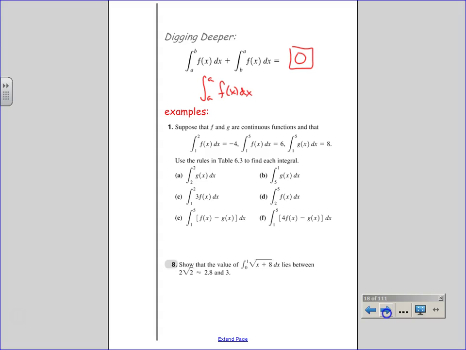One way is the additivity one, but then the other way is what Aryan is saying, which is, from b to a, isn't that the exact same thing as negative the integral from a to b? It covers the opposite area, opposite displacement. So whether you think of this as the negative, they cancel out, or whether you think about the additivity rule from a to b and b to a is just going from a to a. Oh, that's a 0.